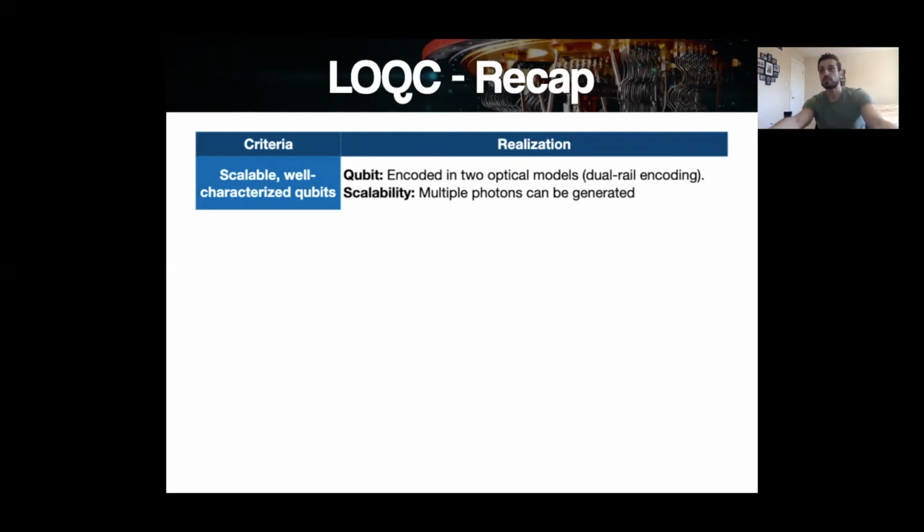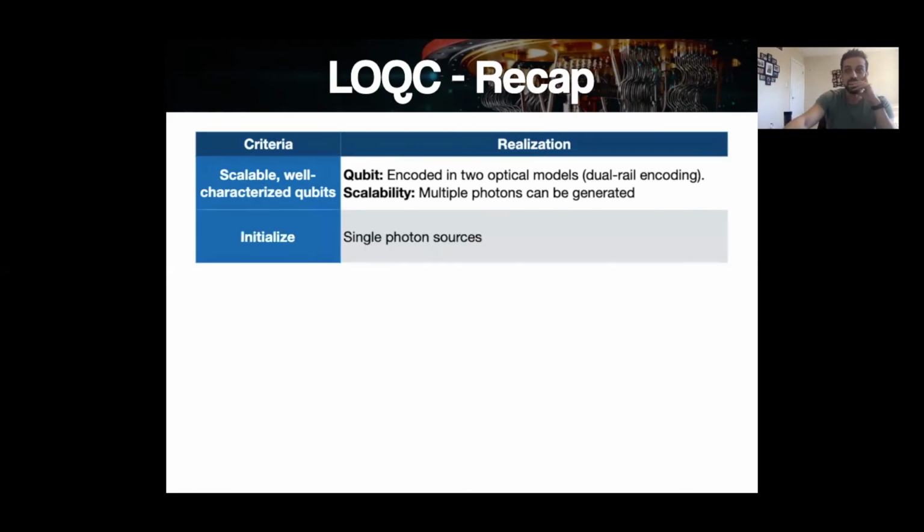Scalability: we use multiple photons, put our single photon sources next to one another, line them up. Initialization: there wasn't a lot to that. We produce our single photon sources and choose which rail we put them in, so we've initialized to the 0 state by putting them in the right rail.